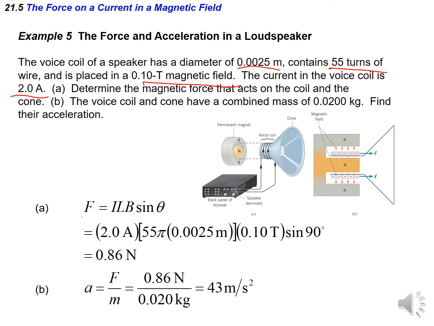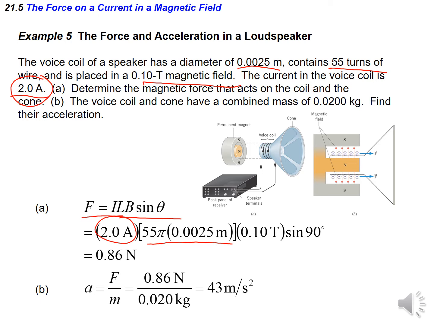Again, we're going to use this formula to get the magnetic force. Current is 2 ampere. L can be computed by multiplying the number of turns with pi and then the diameter. So that's diameter multiplied by pi multiplied by the number of turns, which is how to get L, the length of the wire.